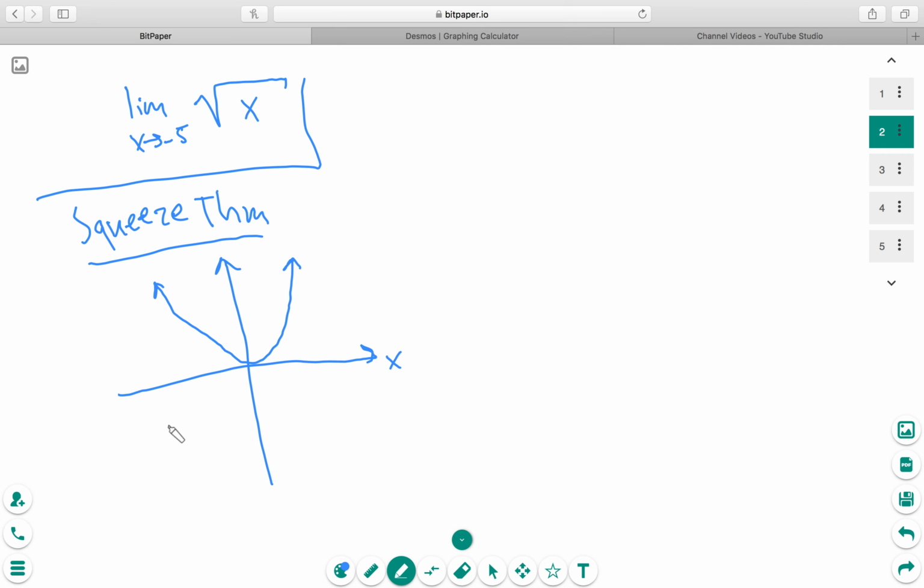It goes to the origin. This is drawn pretty badly, I'm sorry.